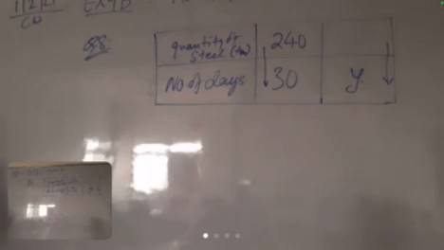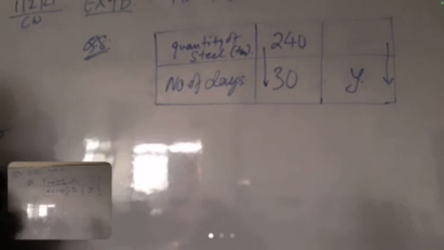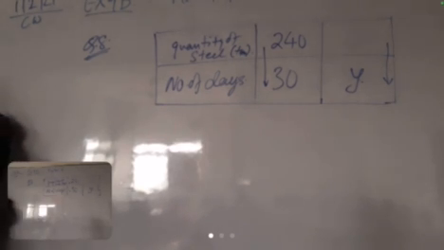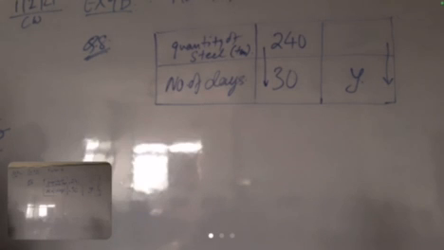Okay. 300 multiplied by 30 upon 240, 8, 8, 8, so 4 twos are 8, 4 sevens are 28 and then 75 to 35.5. Almost 36 days.